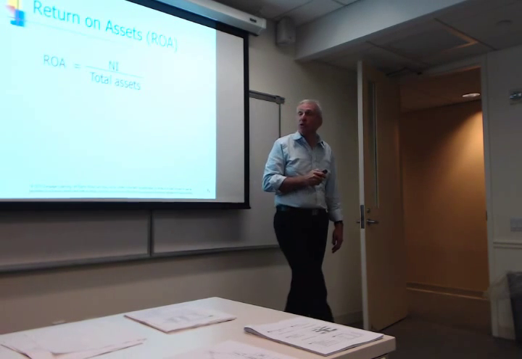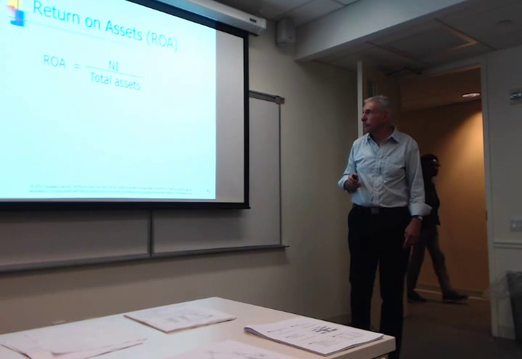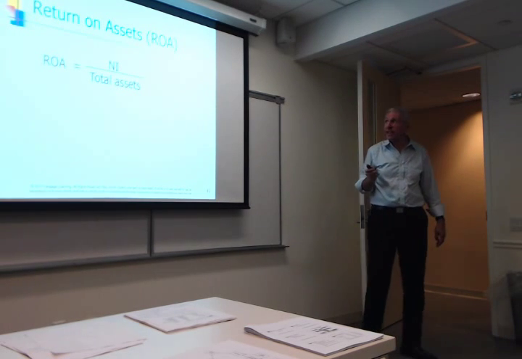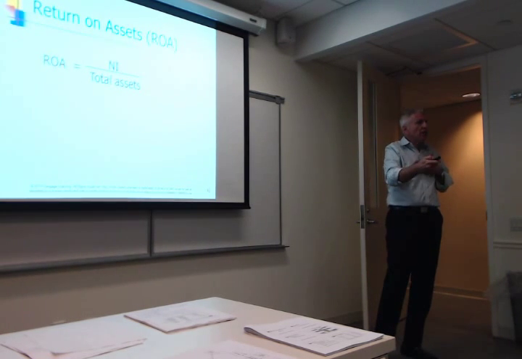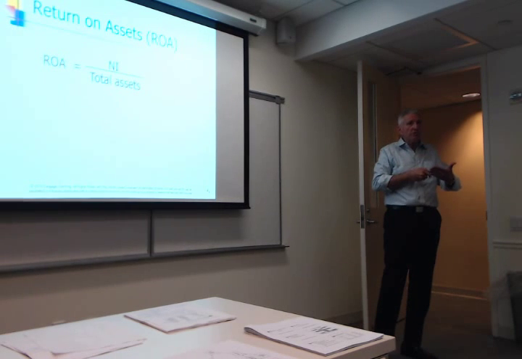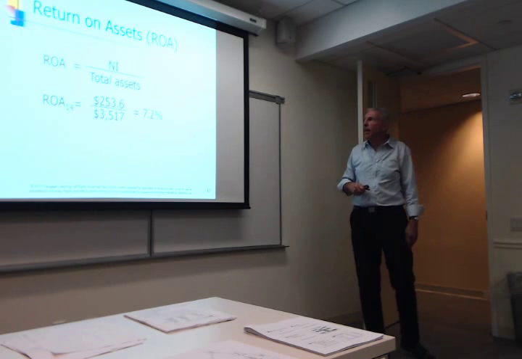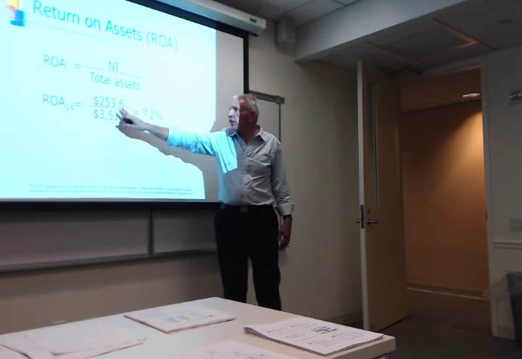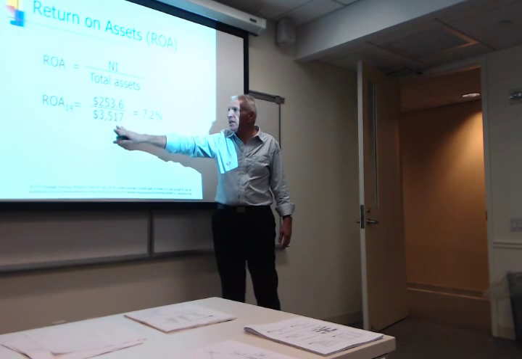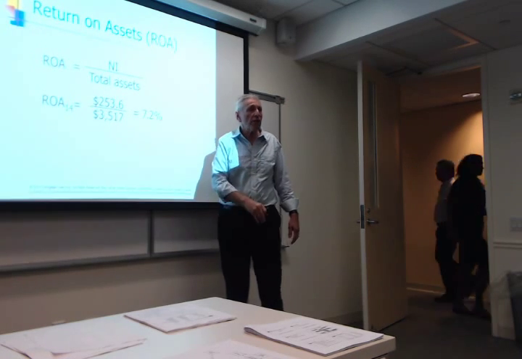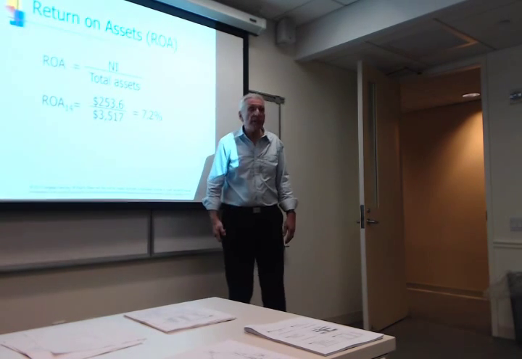All right, now we're going to get to return on assets, which is net income over total assets. Again, it's how much income are we generating for every dollar that we've invested in our assets. So we look at our net income again at 253.6. We divide it by our total assets, and we get a ratio of 7.2.